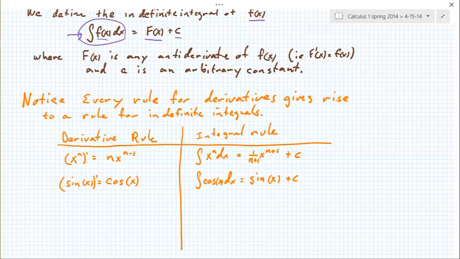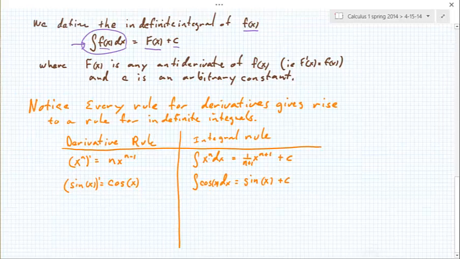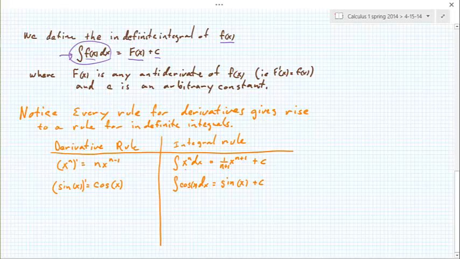Well, we can think of that rule backwards, and that gives us a rule for antiderivatives. We'll do the most general antiderivative. The indefinite integral of x to the n is what? Well, when we took the derivative, the power went down, so to undo derivatives, the power will have to go up. And when we took the derivative, we multiplied out front by the power.